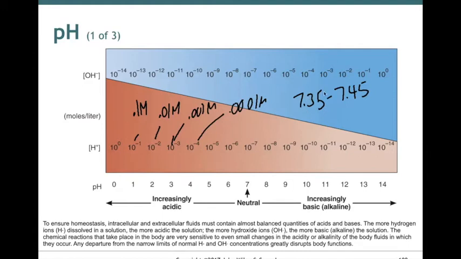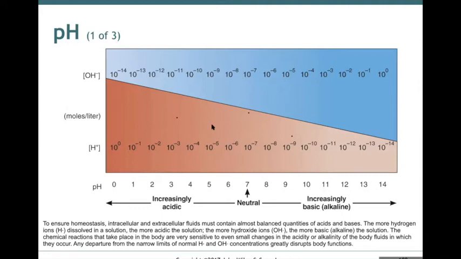This looks like a small difference, but each one of these is a 10-fold difference. So the blood must be kept within a certain pH range. If it falls below that, a condition of acidosis occurs. If it goes above that, you are in alkalosis.